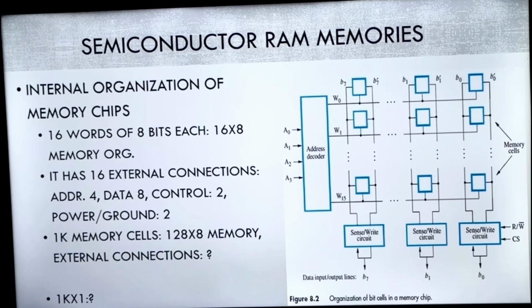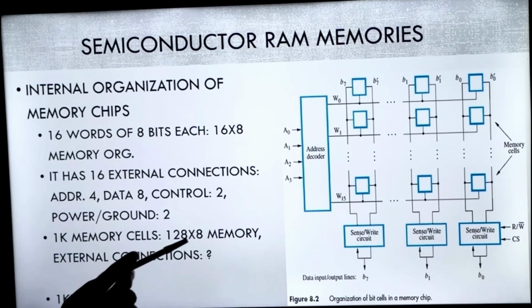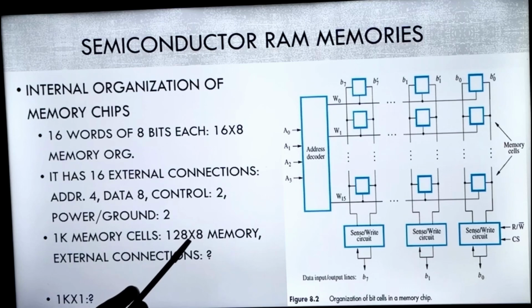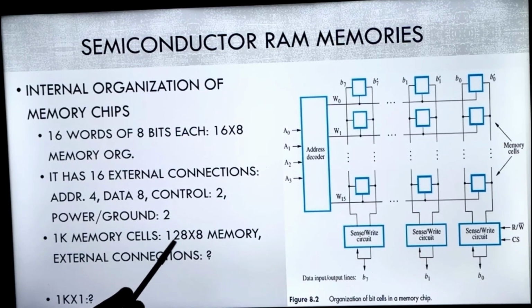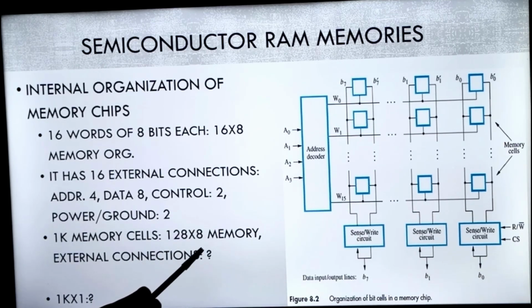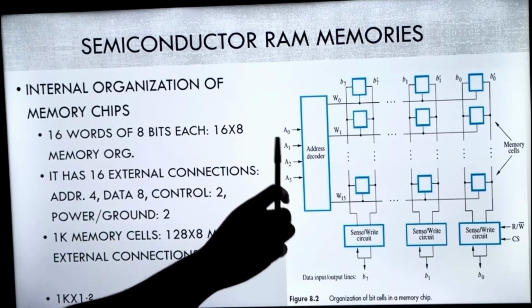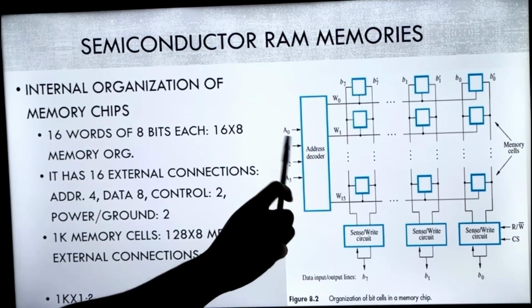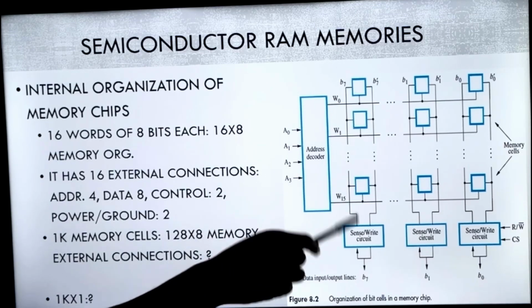Can you think it? Yes, you are correct. So now what we will do? We know that there are 128 different words. 128 into 8 means 128 words are there, and in each word I have 8 bits. So how many external connections will I have? For 16 different words I need a 4 to 16 decoder, so 4 input lines. 2 to the power 4 equals 16.